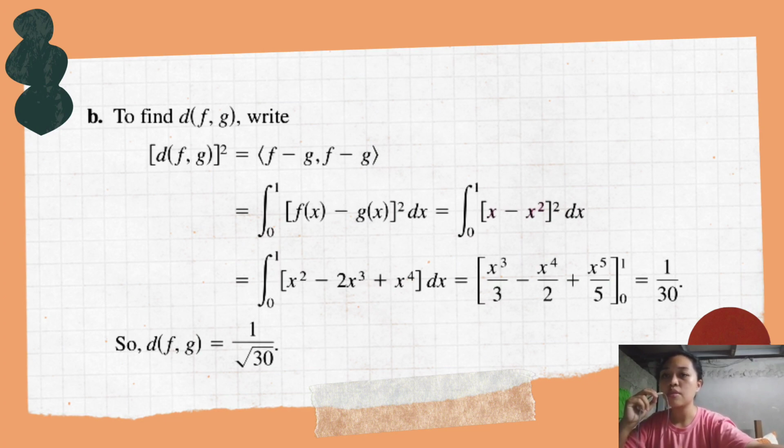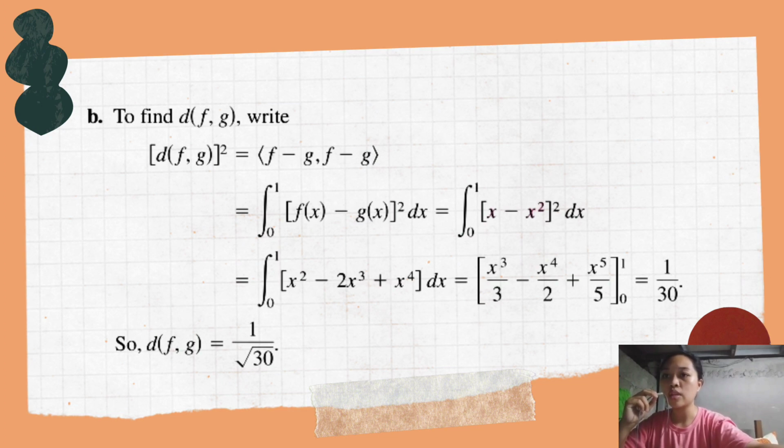squared dx. And by simplifying, we get the integral from 0 to 1 of the quantity x squared minus 2x cubed plus x raised to 4 dx. Then by integrating, we get x cubed over 3 minus x raised to 4 over 2 plus x raised to 5 over 5 from 0 to 1.